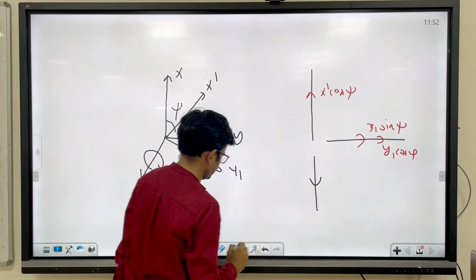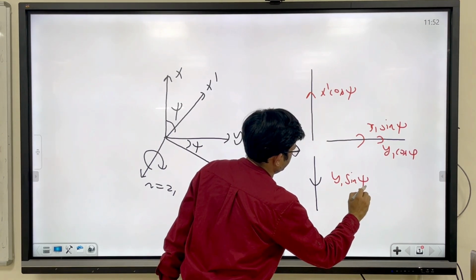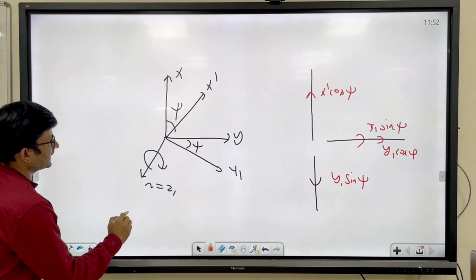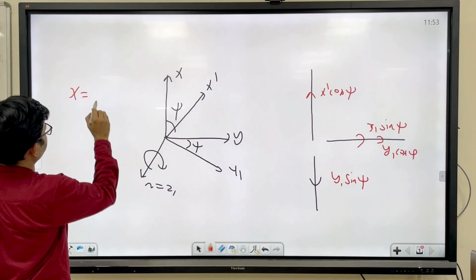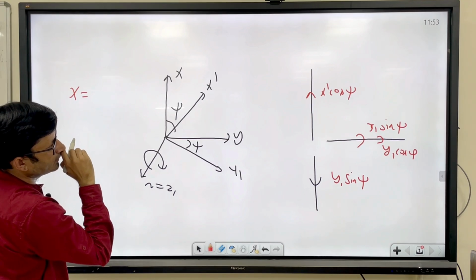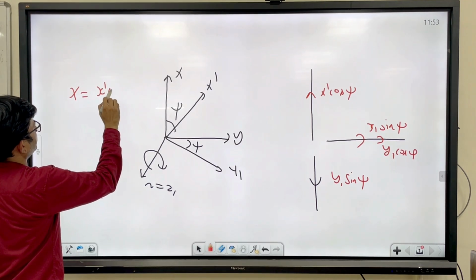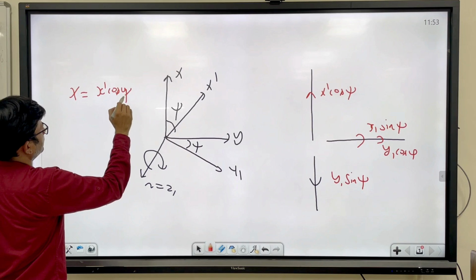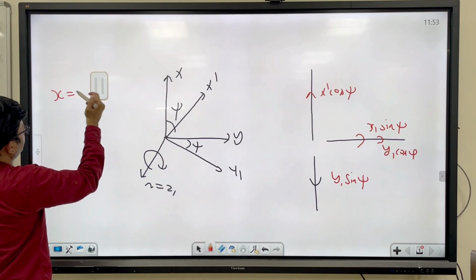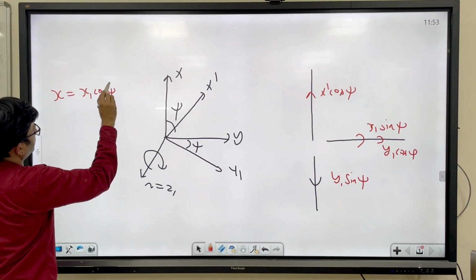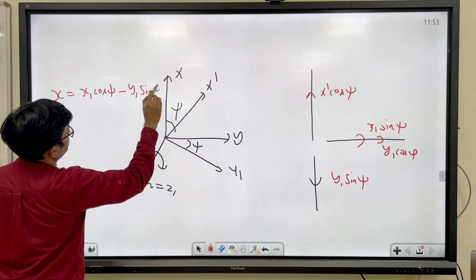Along this y1. Now I can write here x equal to x1 cos psi minus y1 sin psi, right?